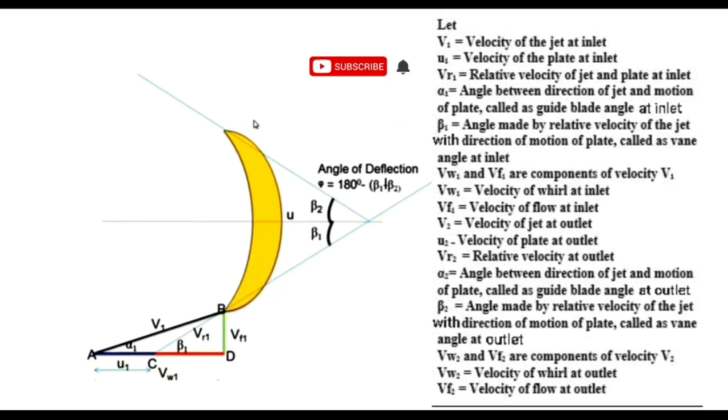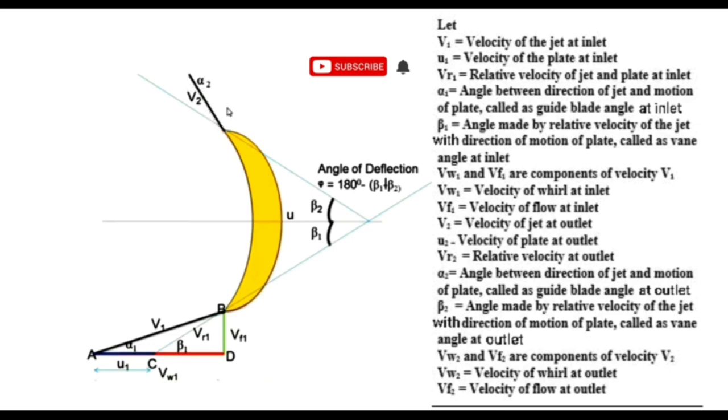First we will draw V2, which is nothing but velocity of jet at outlet, which is making an angle alpha 2 with the horizontal. Alpha 2 is nothing but angle between direction of jet and motion of plate at outlet, called as guide blade angle at outlet.